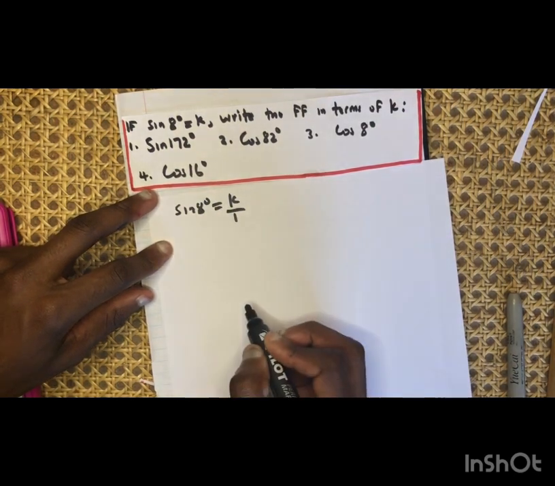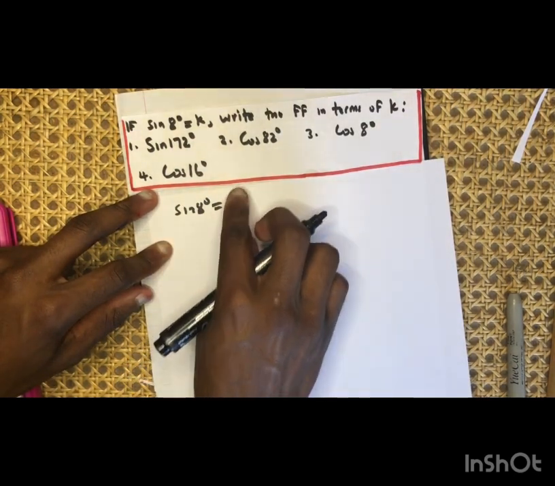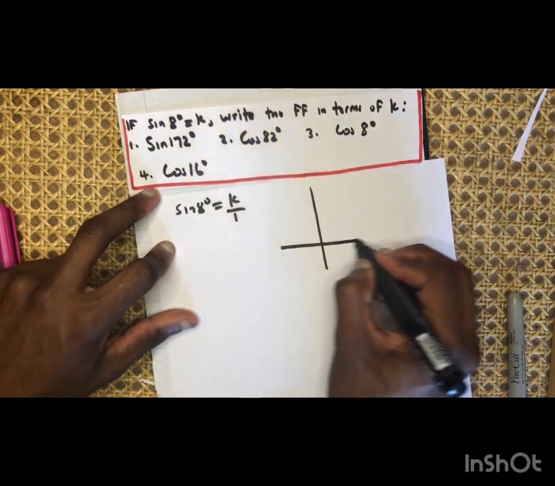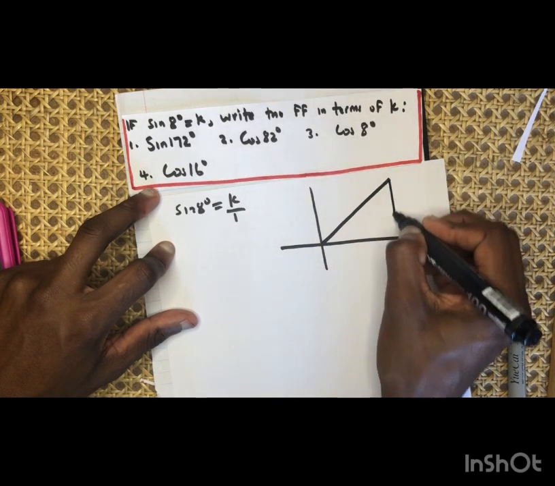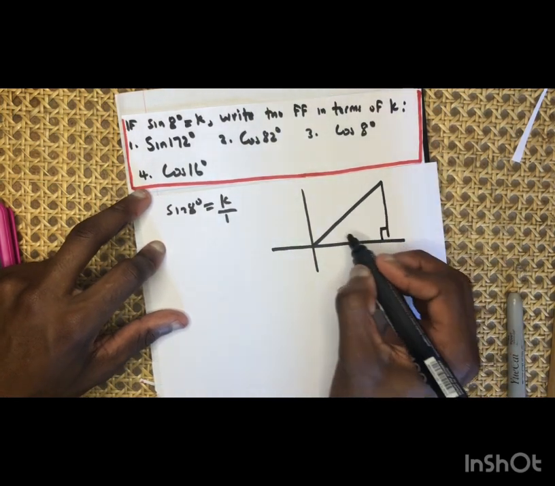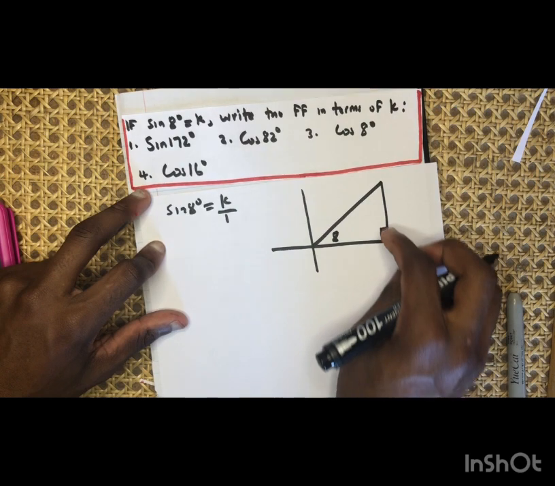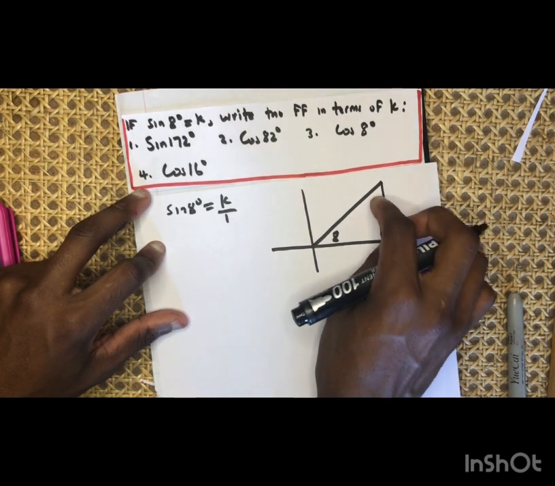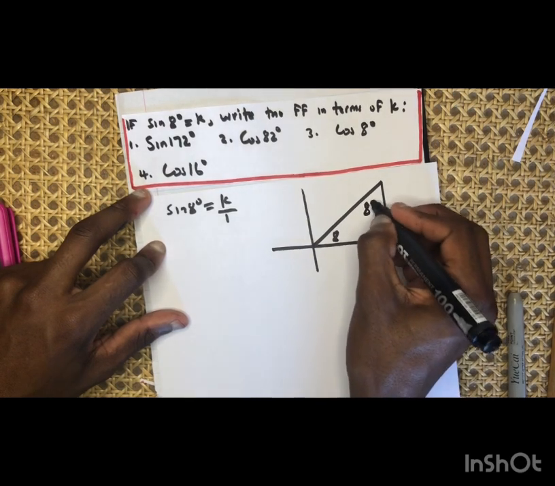Then you have 1 here. So we know that sine is an opposite over hypotenuse. So if I draw the diagram here, I'm going to have something like this. So this is 90, so this is 8. Then I'm going to say 180 minus 90 minus 8 to get all the angles here. So it's going to be 82.